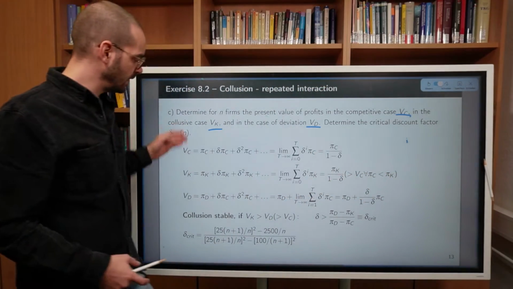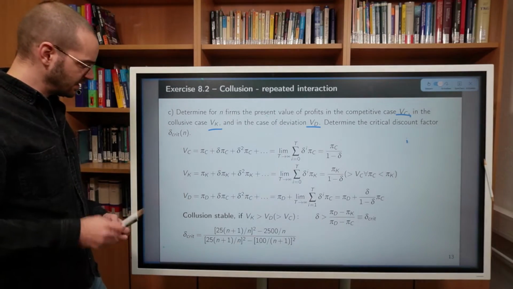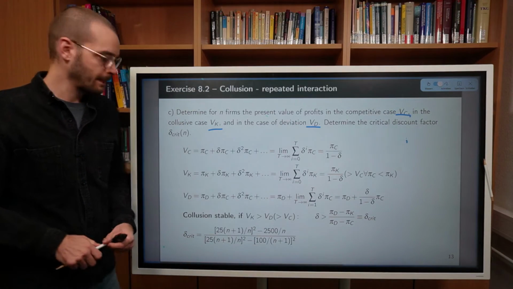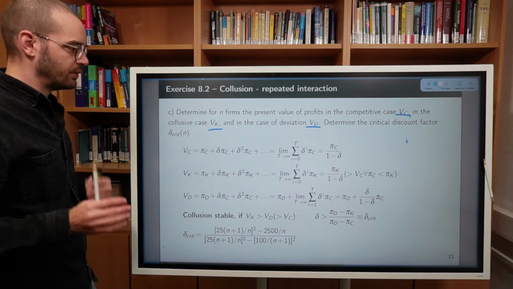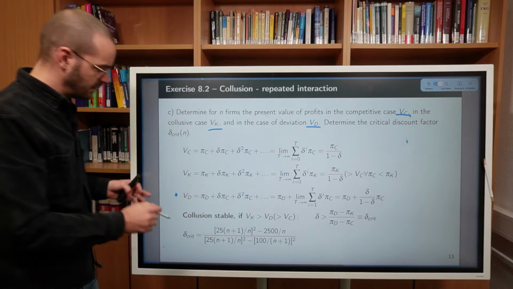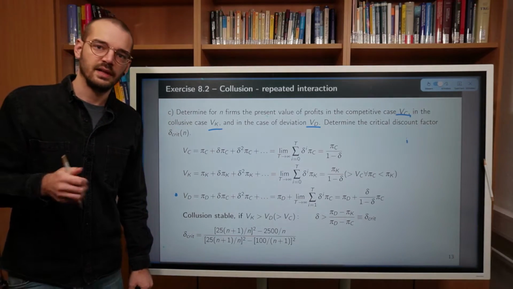All right. Now to the third and final present value we will need to discuss, VD, so the present value of deviation. This one is slightly different and therefore a little more interesting, because what we need to consider is the Grim trigger strategy, right?